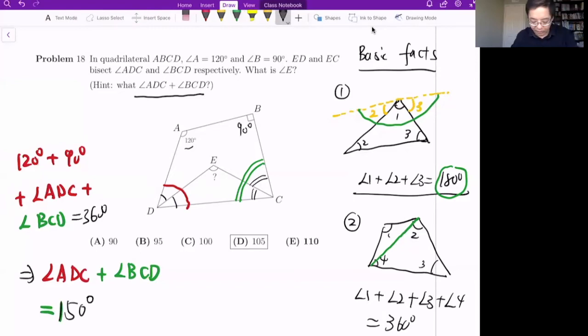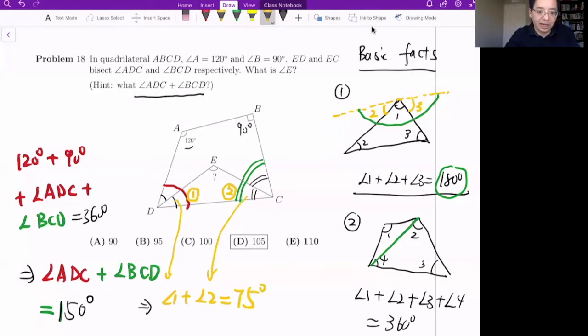If this equals 150, and here's a bisect, right? Let's say this is angle 1, this is angle 2. Because it's a bisect, each is half of it. So this angle 1 plus this angle 2 equals 75, because it's half, a bisect.